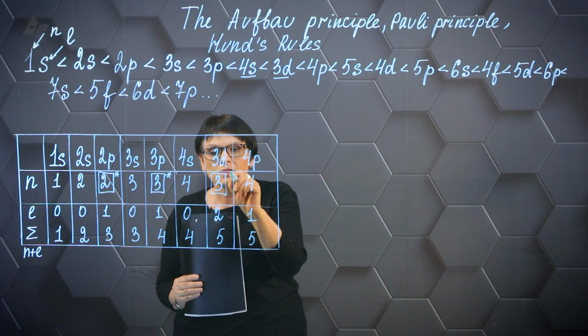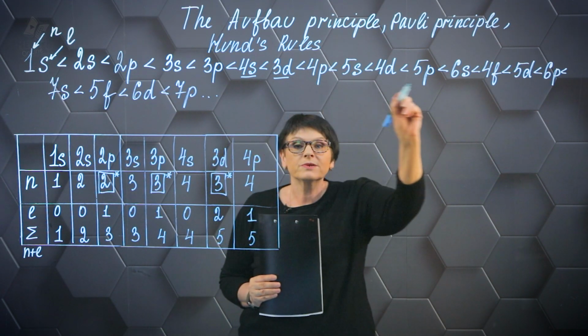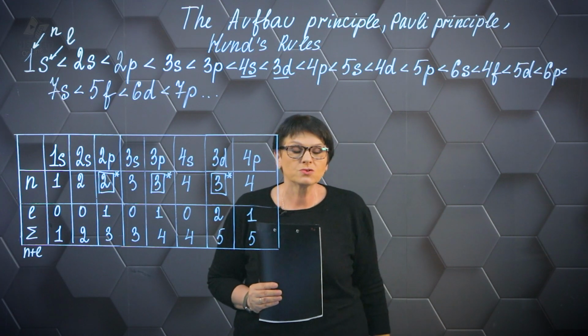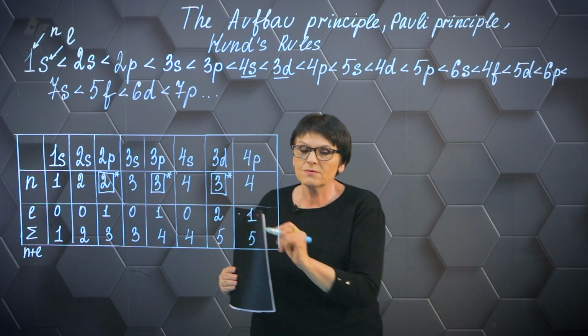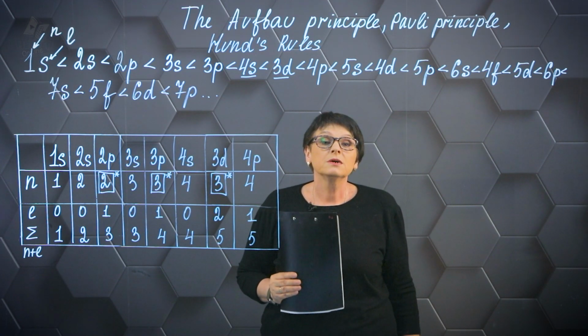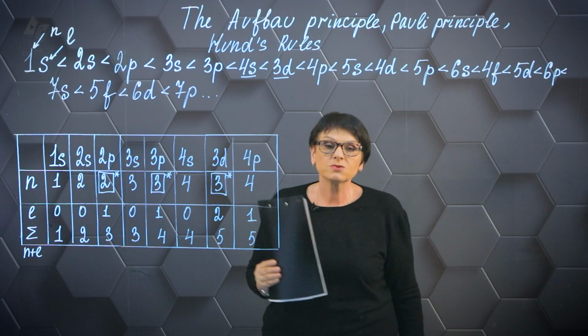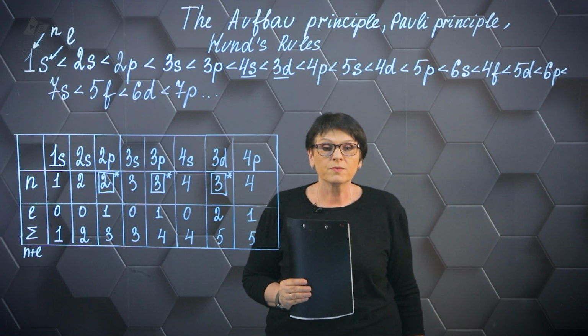Because this number in this case is the smallest number. Therefore, there is no contradiction in this case. The series is constructed absolutely correctly, and as you can see, it is in exact accordance with the quantum numbers, in this case with the principal and orbital quantum number. So there are no errors here.